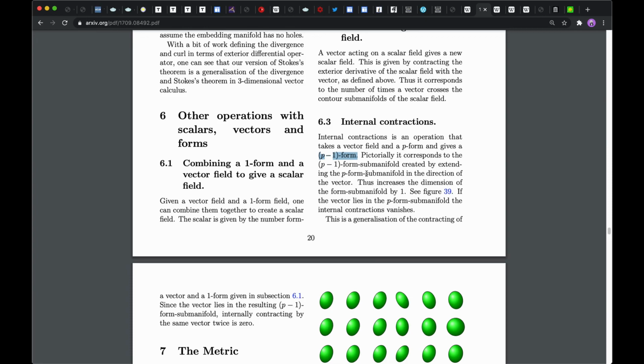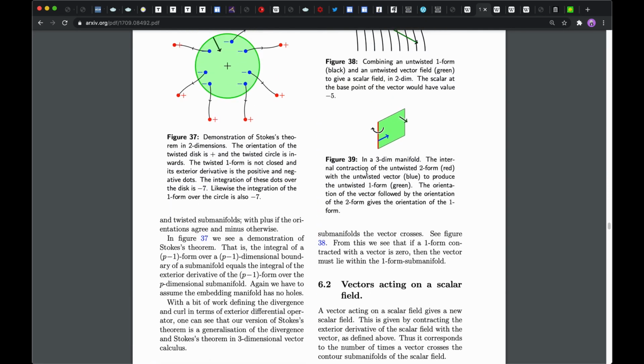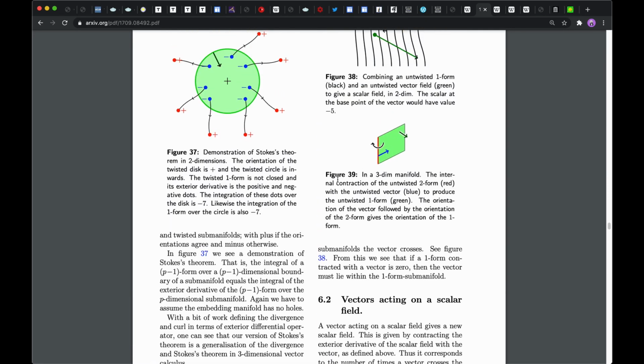But from a geometrical perspective, what's going on is depicted in figure 39. In that case, you can see that we have a two-form, which is right here, the red line, and a blue vector.